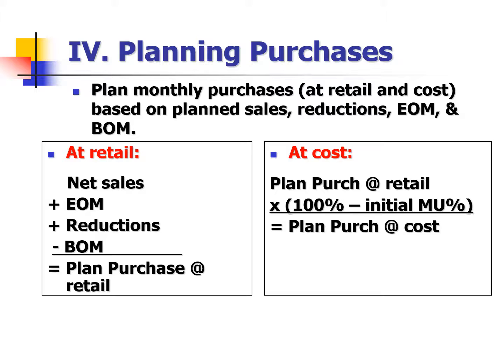Now, this is one of the three most important RCM relationship formulas we have learned before many times, right? So we apply that logic here. Planned purchases at retail times 100% minus markup percent, in this case the initial markup percent, is going to give us planned purchases at cost.